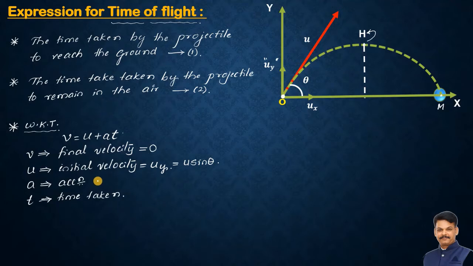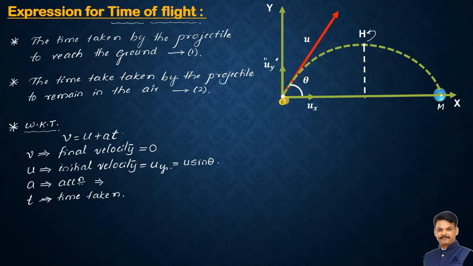Okay? Now, let us move towards the concept of acceleration. Yes, what is acceleration? See, here one acceleration is definitely acting on that projectile, and that acceleration is called acceleration due to gravity.